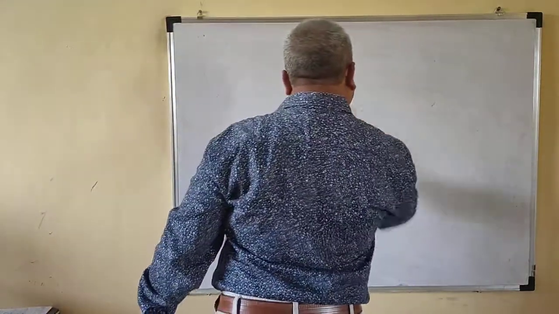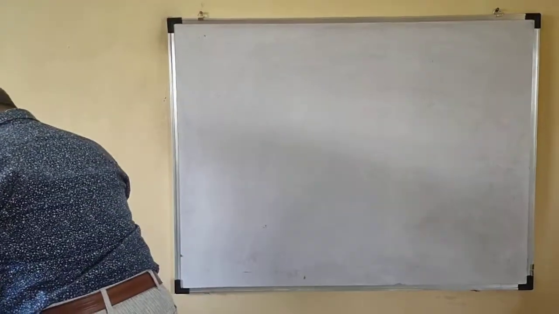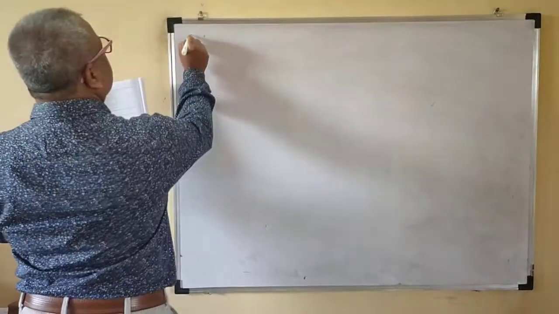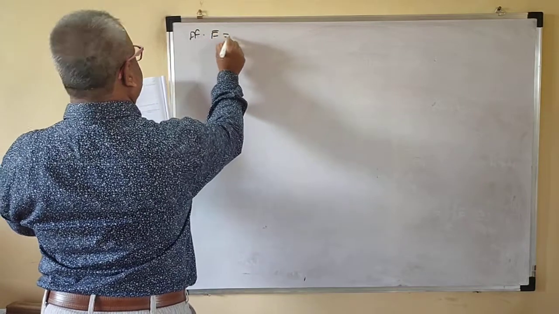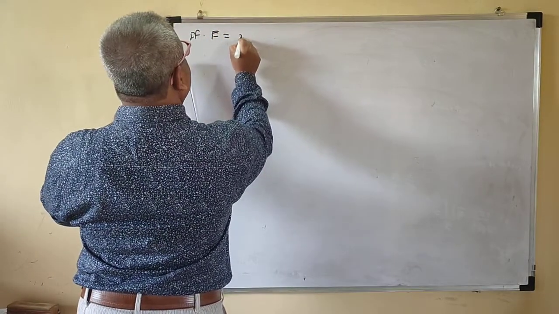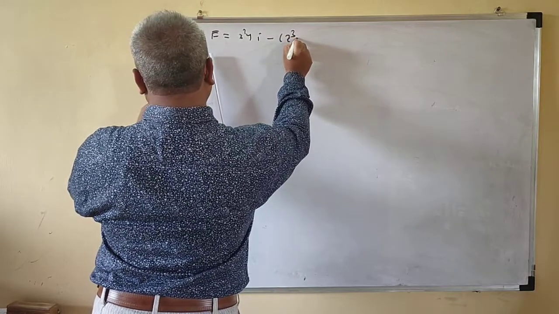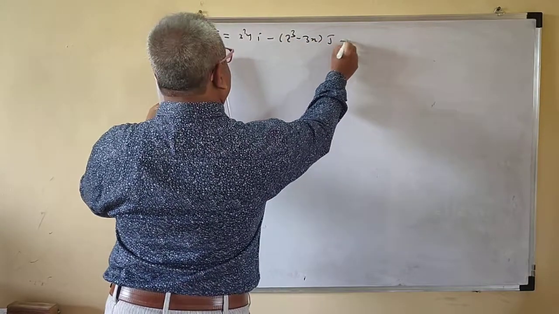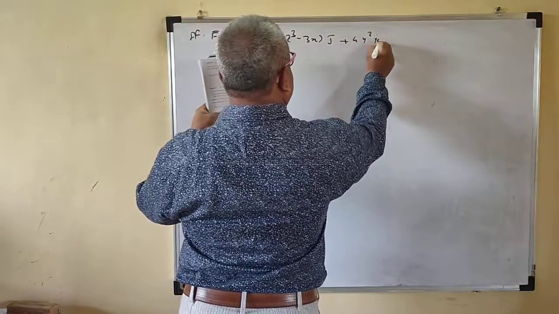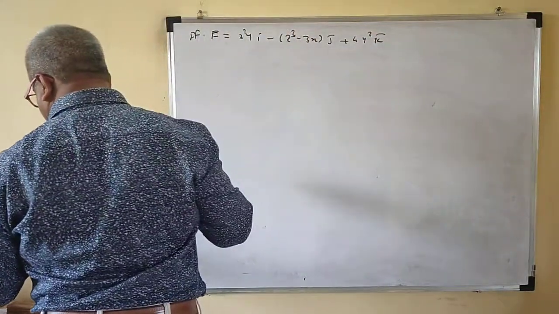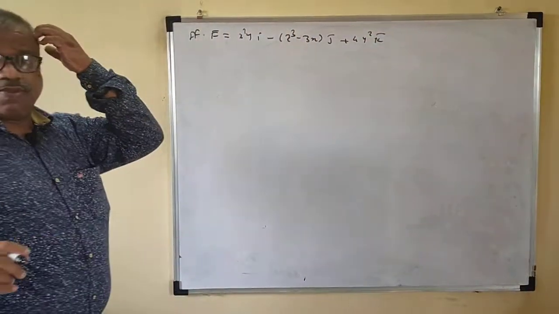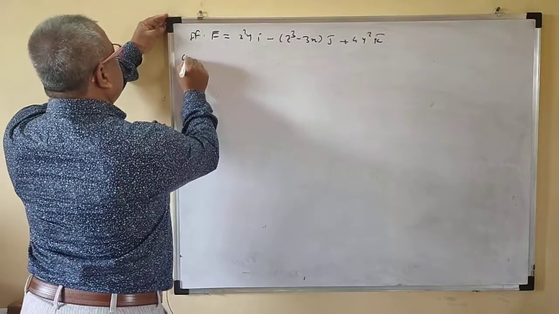We'll take a problem on the curl of a vector. If f bar is equal to x square y i bar minus z cube minus 3x j bar plus 4y square k bar. So this is your f bar. Now you want curl of f bar.